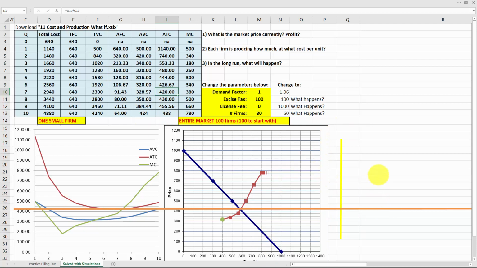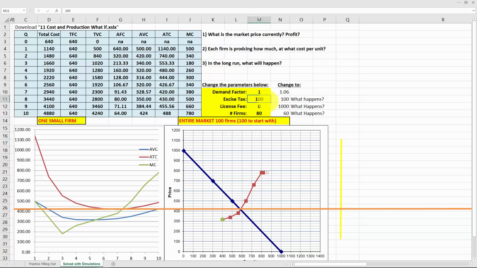A tax like this on cigarettes or alcohol is usually called a sin tax. Smoking and alcohol are bad. The government wants you to use less of them, so we'll put a tax on it. And it's effective. We see here that instead of producing 700 units as we were before, now it's going to be about 600, or a little less than 600.